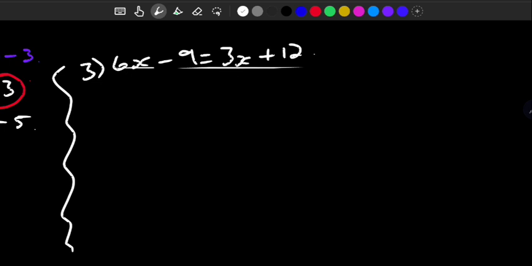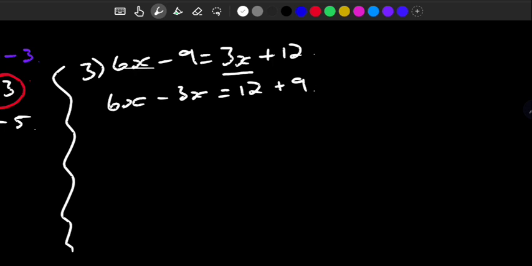We always want like terms on one side, so we'll have x on the left, 6x. 3x is positive, take it to the other side, becomes negative 3x is equal to 12, which is positive, right? 9 is negative on that side, take it to the other side, becomes positive 9.